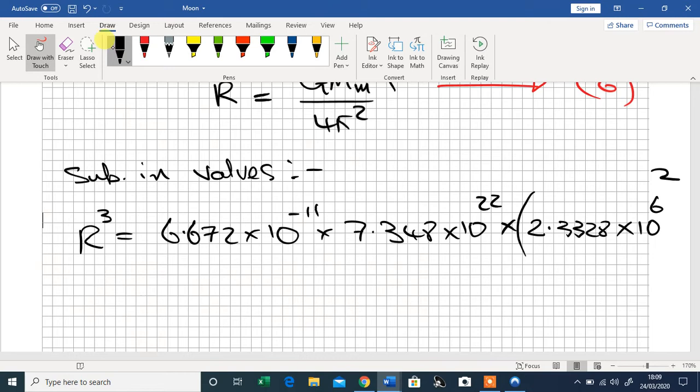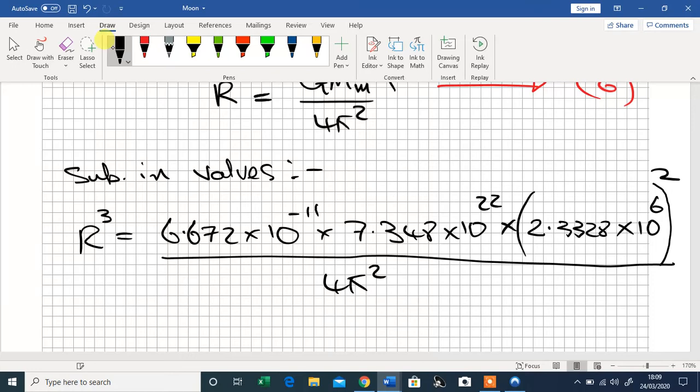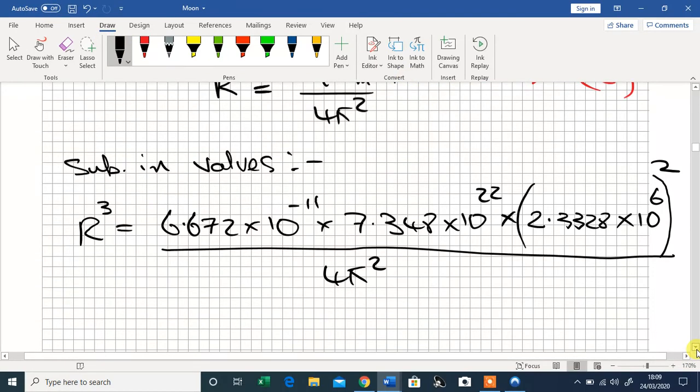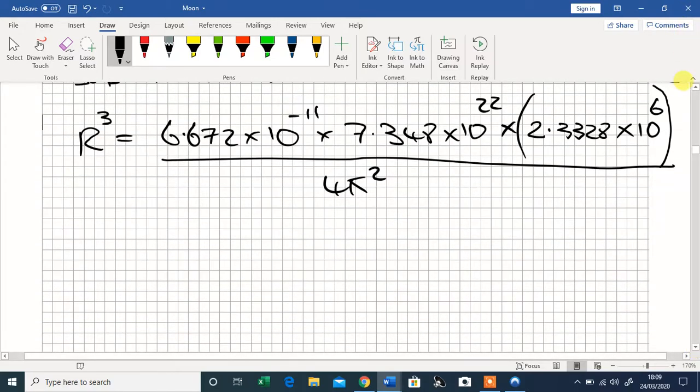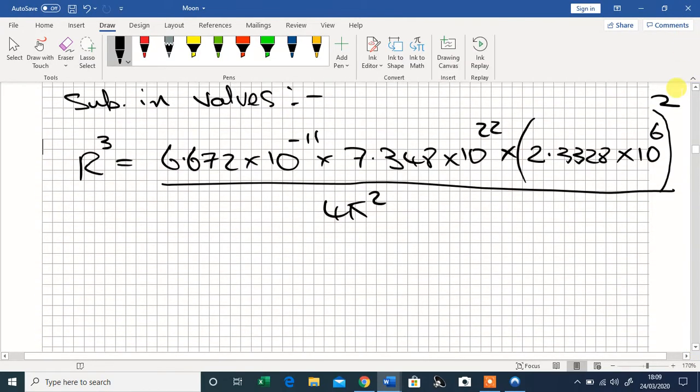So there we are, and that's divided by 4 pi squared. Now I'm going to have to work this out on my calculator, so you'll have to bear with me, but I'll read it out as I'm doing it.